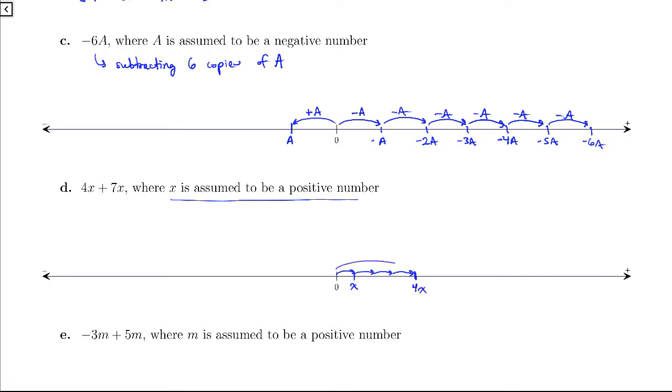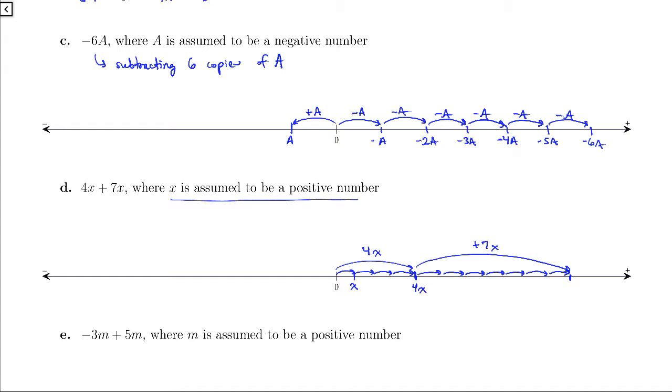So here's 4 x's. And then I'm going to add 7 more x's: 1, 2, 3, 4, 5, 6, 7. So where is this going to land me?